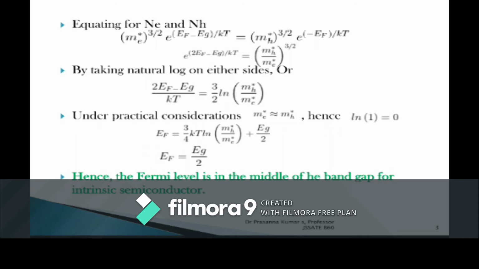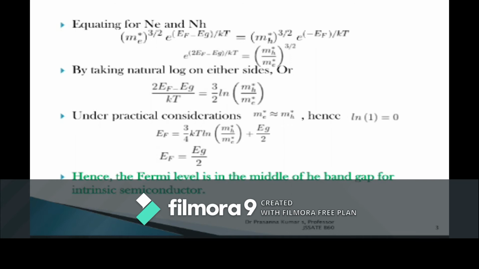If you simplify this equation further, for all practical considerations me is equal to mh. Therefore the ratio mh by me is almost equal to 1, and ln 1 becomes 0.